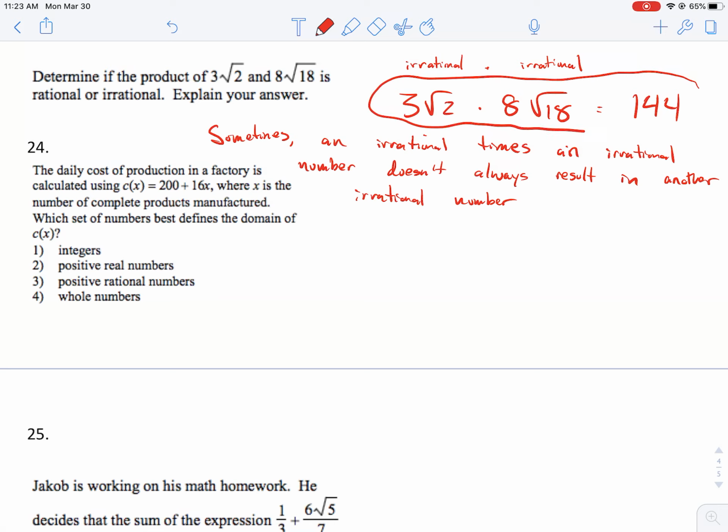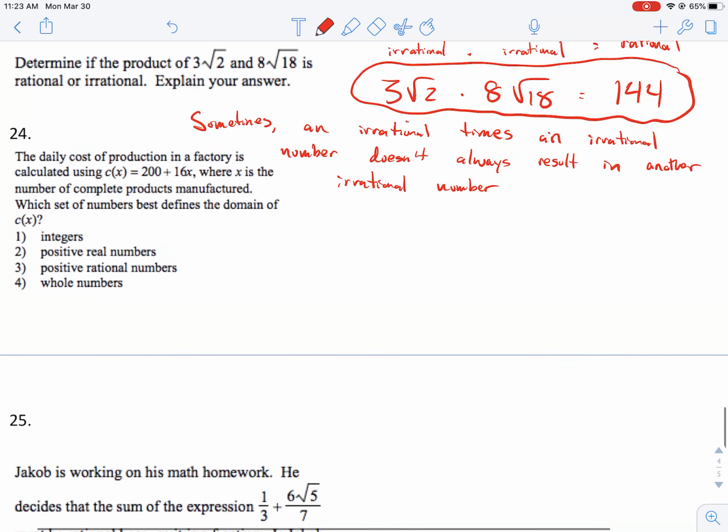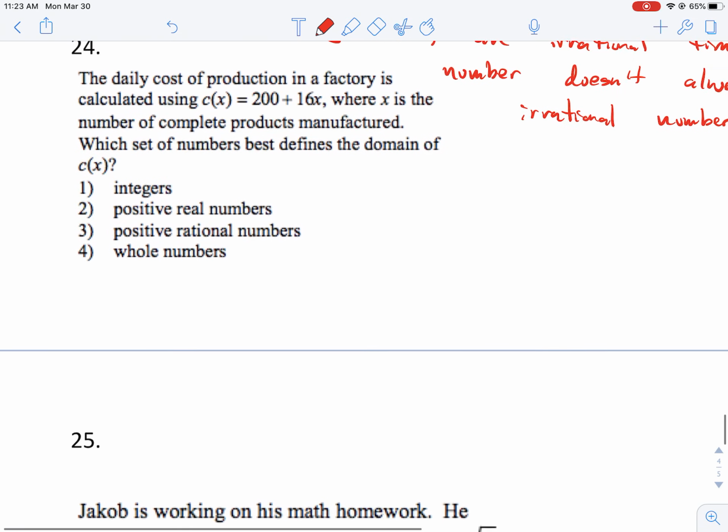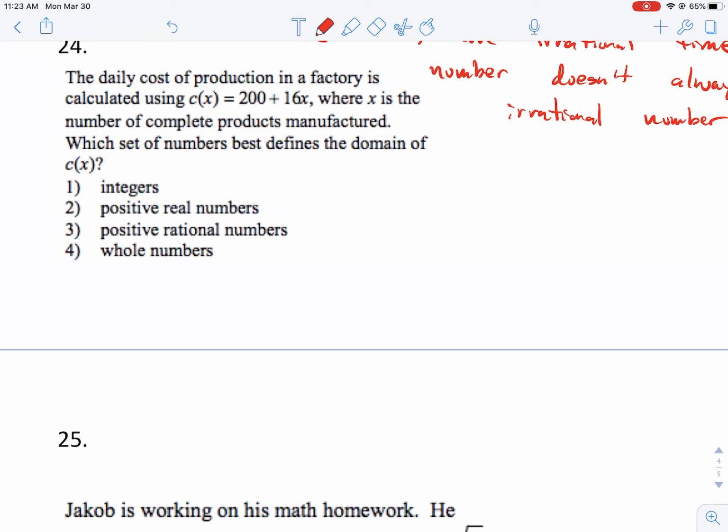Okay? So an irrational times an irrational number doesn't always result in another irrational number. Okay? So in this case, these two numbers multiplied out equal 144. So therefore 144 is a rational number. Okay. So that's number 23.